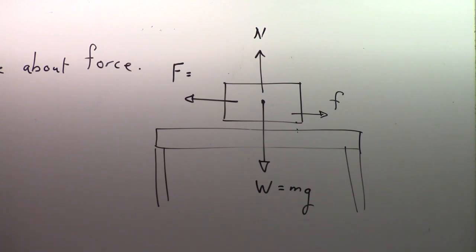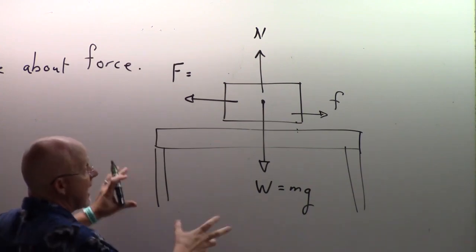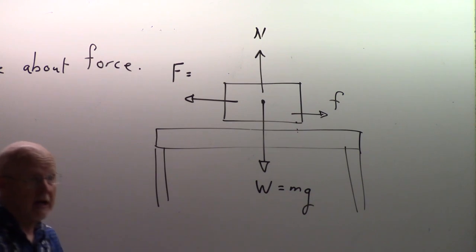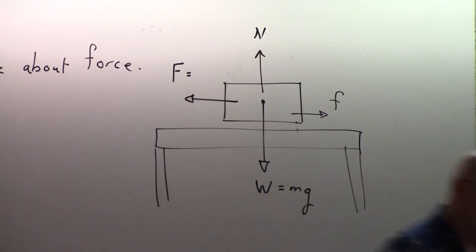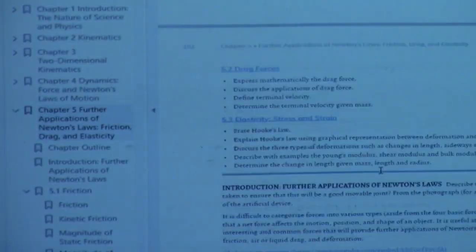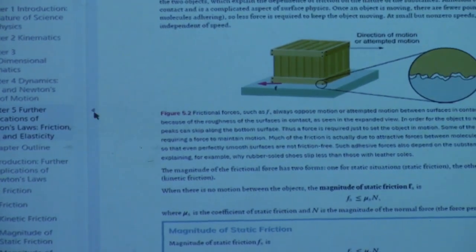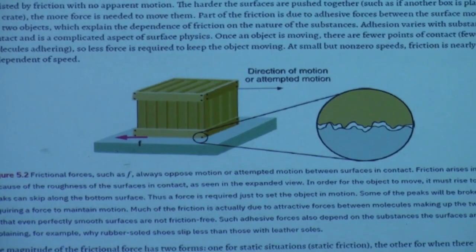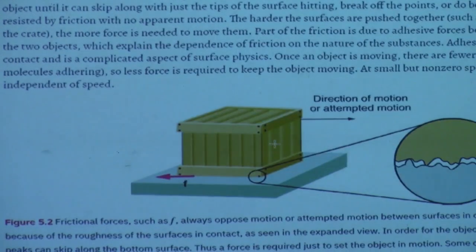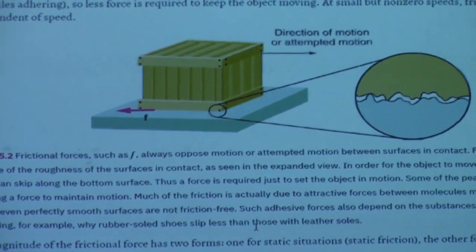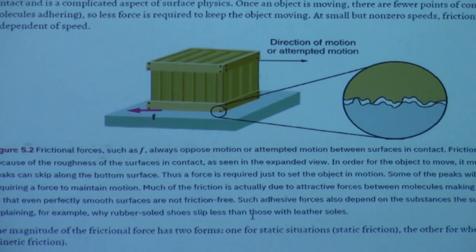But I want to take a deeper dive here, and your author gives you a couple of really good pictures. Let me start with the first one. He says, why is there a little bit of friction? I think I touched on this a little bit, and this picture shows it pretty well.